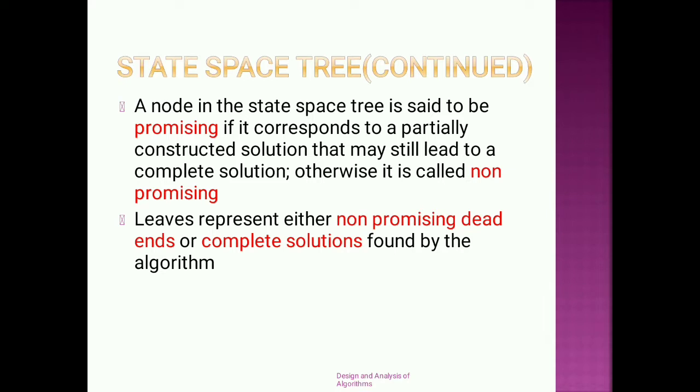That means we are going to get some help from that node. If the node is not leading to any of the solutions, then we call it a non-promising node. The leaves of the tree either represent non-promising dead ends, or the complete solution found by the algorithm.